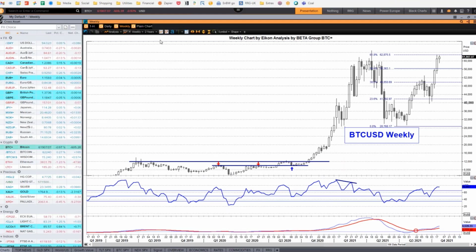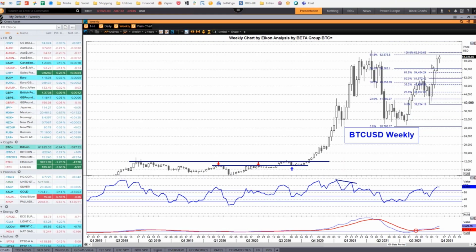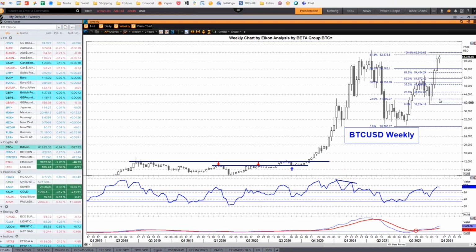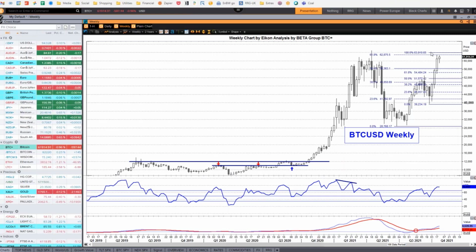You could draw this one as well: A, B, C, and on that count, we're at 100% now, the resistance of the high. So that did count up to there. But if we break the high, I think we're on our way to the 100% from the big count there. I think this is a big swinger. We'll see. It is a place where there could be resistance. It's a psychological level. Everybody knows the price, the all-time high.